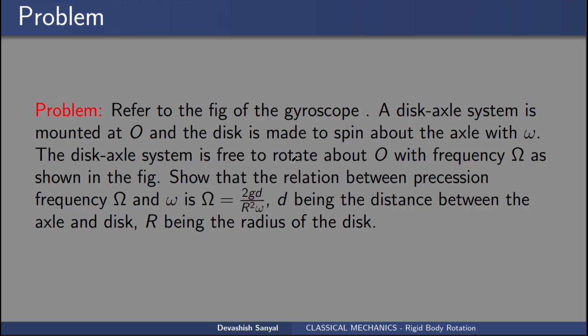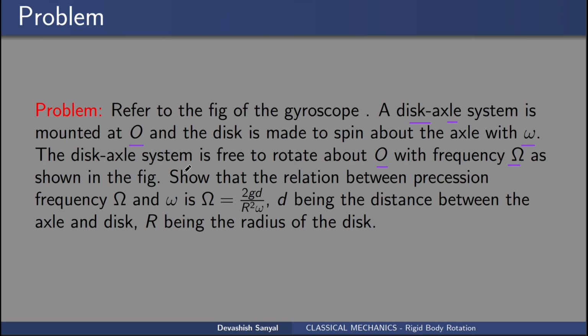We now go to the last problem. This is what we refer to as the problem of the gyroscope. This is a disc axle system mounted at O, and the disc is made to spin about an axle with angular frequency omega. The disc axle system is free to rotate about O with frequency capital omega, as shown in the figure.